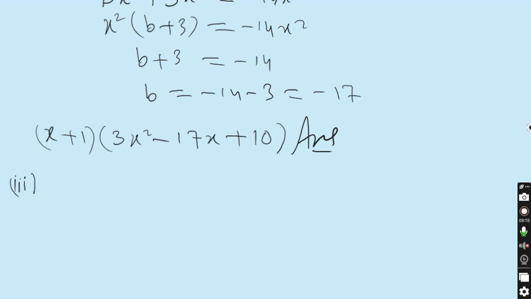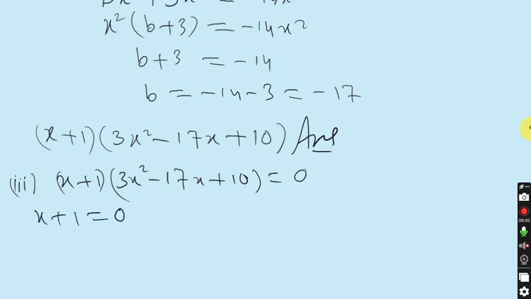So we reduced the polynomial to this form, that is (x plus 1)(3x square minus 17x plus 10) is equal to 0. Now x plus 1 is equal to 0, and 3x square minus 17x plus 10 is equal to 0. From here x is equal to minus 1, and the second one is a quadratic equation.